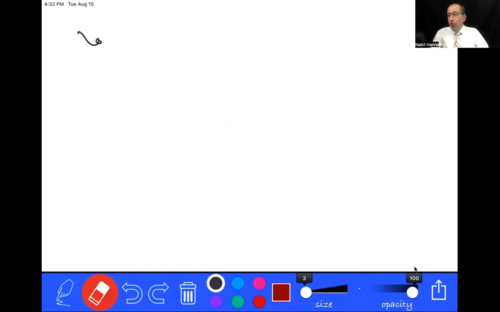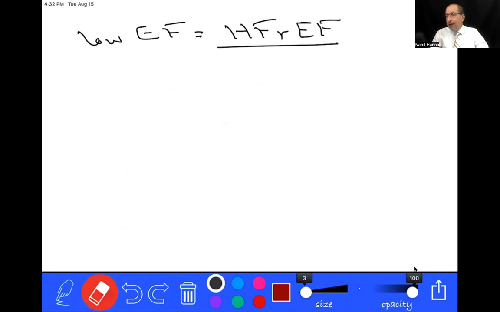So low ejection fraction means heart failure with reduced ejection fraction. And usually here we need an ejection fraction less than 40%. To qualify as heart failure with reduced ejection fraction, we need to have an ejection fraction less than 40%.